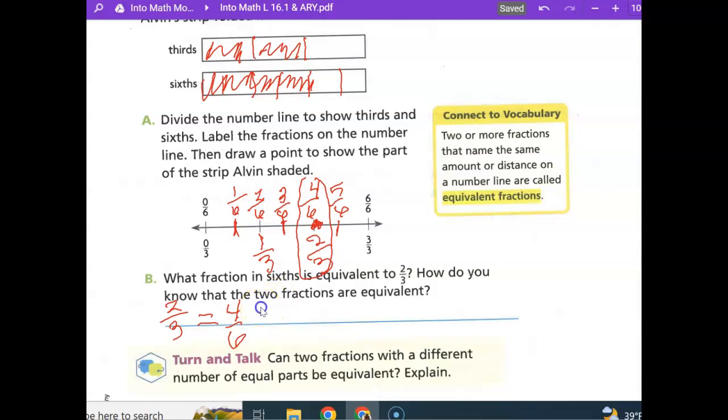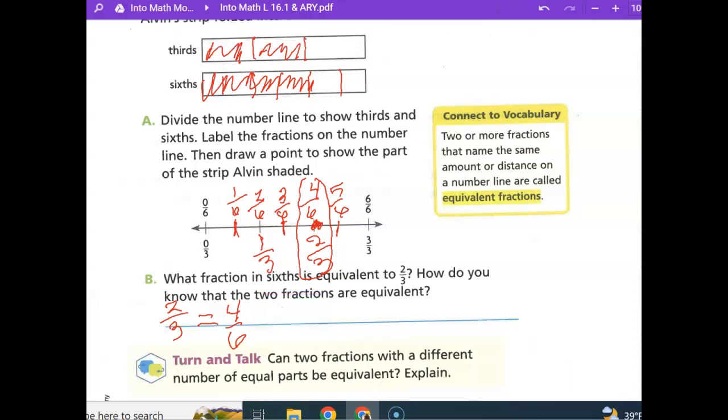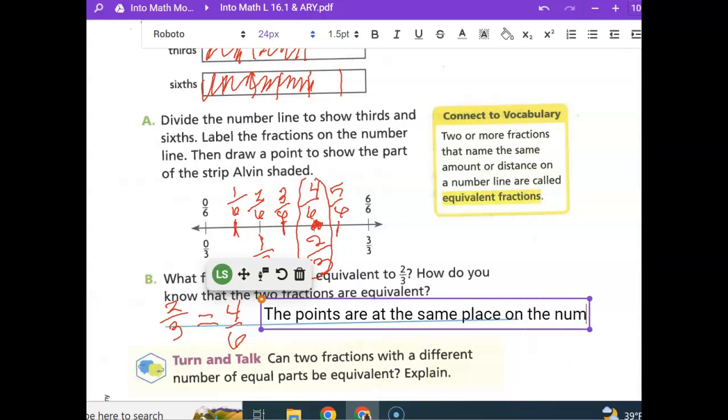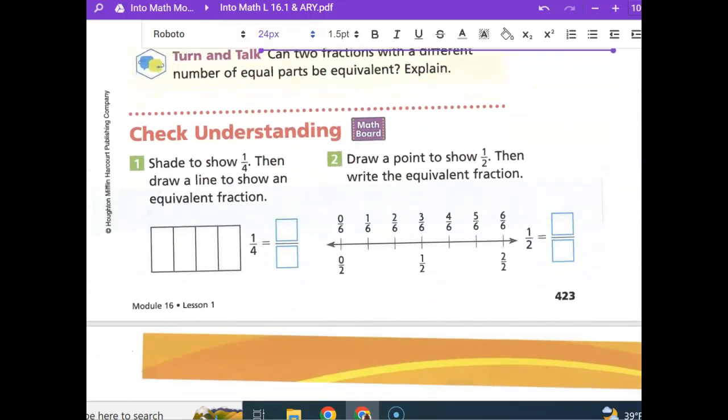Well, the points are at the same place on the number line. Okay, go ahead and stop your video and do the check understanding, and then come back and check.